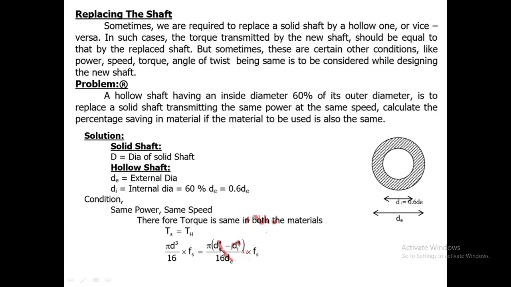We know these two equations, and we will substitute now, and use the condition that the torque transmitted should be the same in both the shafts. Using this condition we use the torsion equation with respect to shear stress. Since the metal is the same, the shear stress will be the same, so in the next step the equation gets simplified.